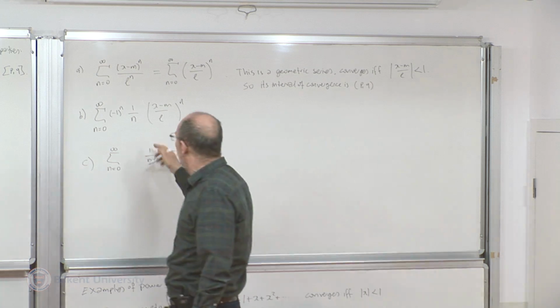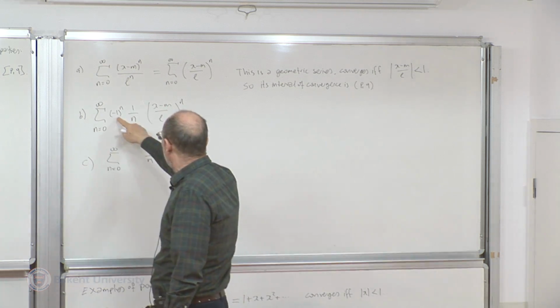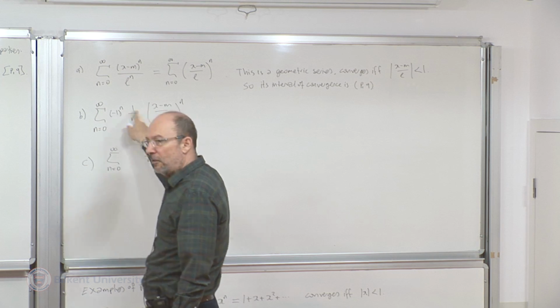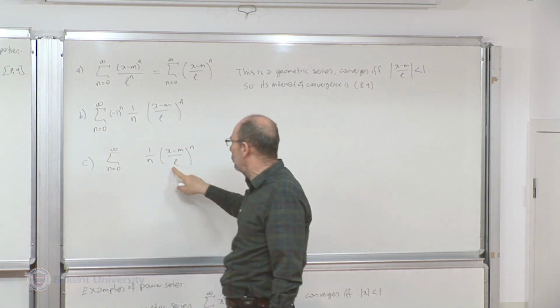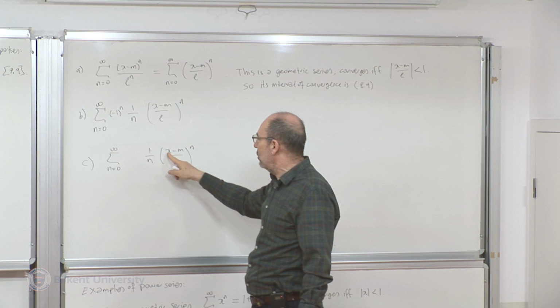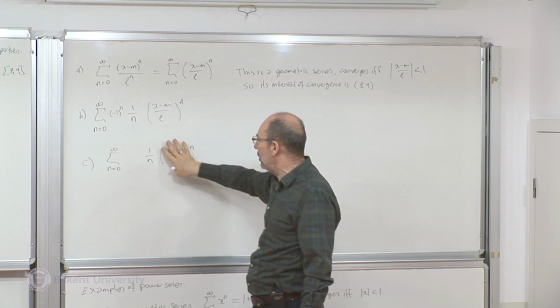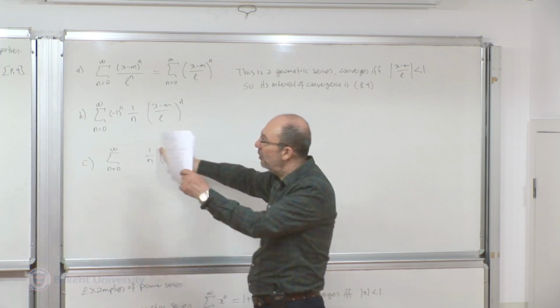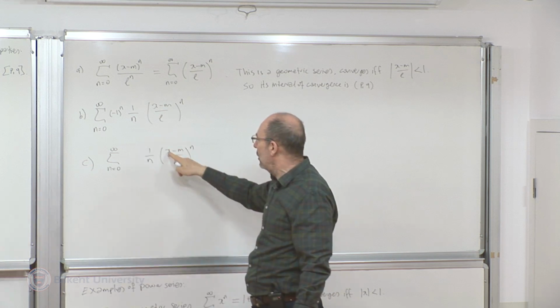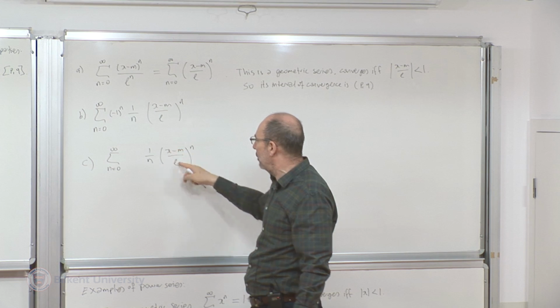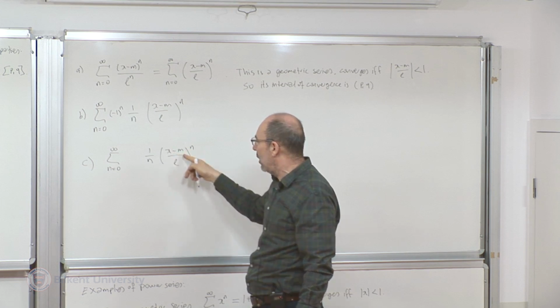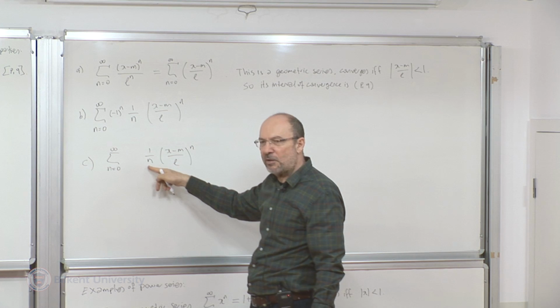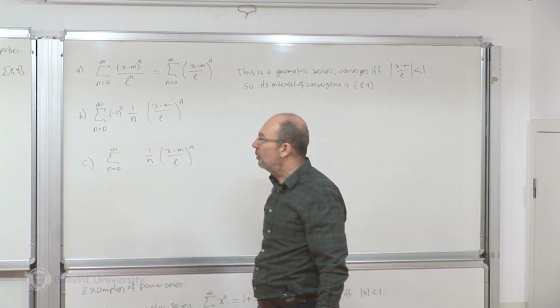So I just removed the sign conflict here, and the only sign is contributed by this. When x is equal to q, this is n, so this gives me 1 over n, which diverges. So it diverges at q. When I put x equals p, this is minus l divided by l, so this one gives me minus 1 to the power n. It becomes alternating. It converges here.